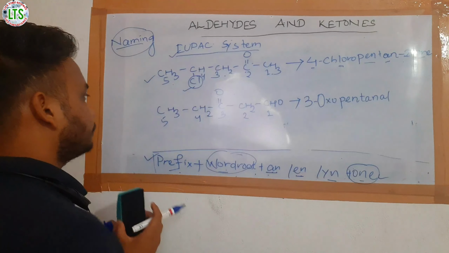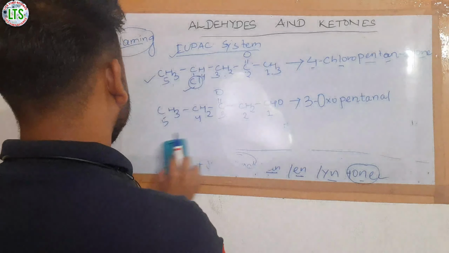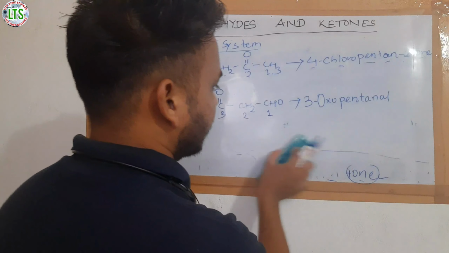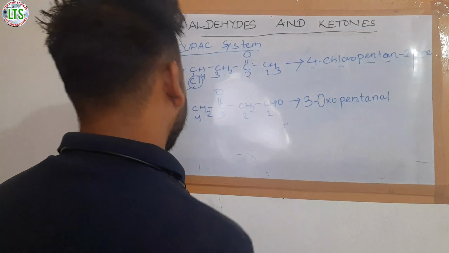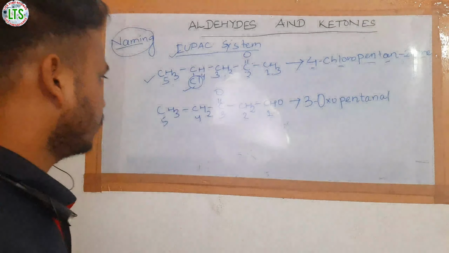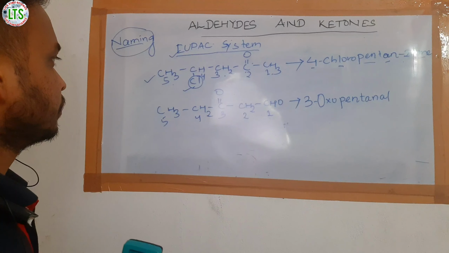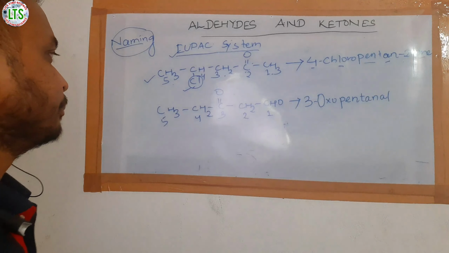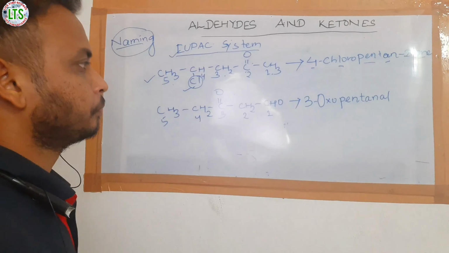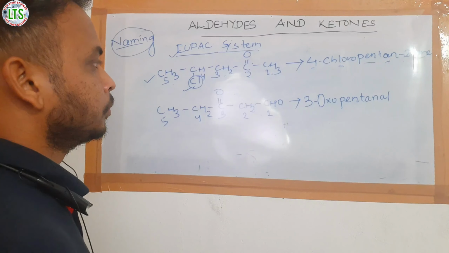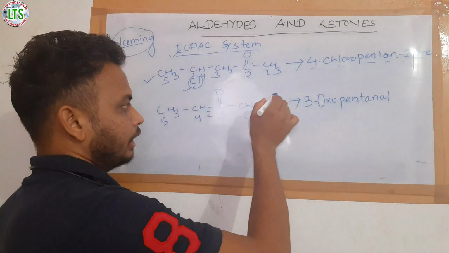Next type of compound is the compounds containing both aldehydic and ketonic group. In such cases, the ketonic group is named as the substituent oxo, and the aldehydic group is named as Al.